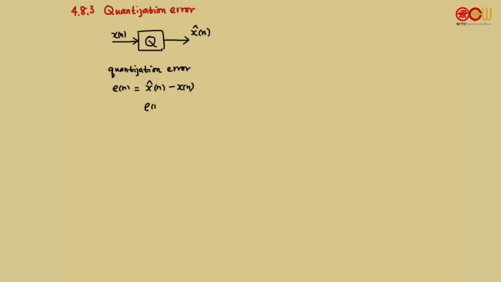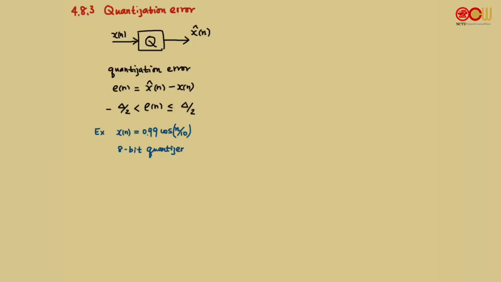So e[n] is the quantization error, which will be between minus delta over 2 to delta over 2. For example, x[n] is 0.99 cosine(n/10), and we use an 8-bit quantizer to quantize x[n].